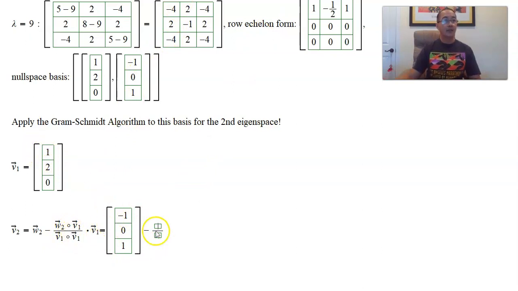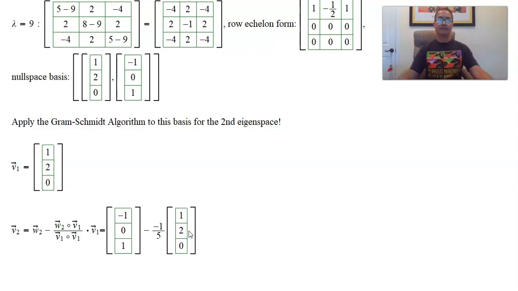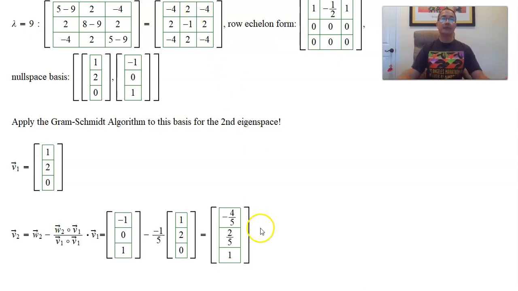Take the dot product, we said it's -1, divided by V1 dotted with itself. So it's 1 plus 4, we're going to get 5, multiplied by V1. Of course that's 1/5 plus 1/5. Add them together, we get that vector.